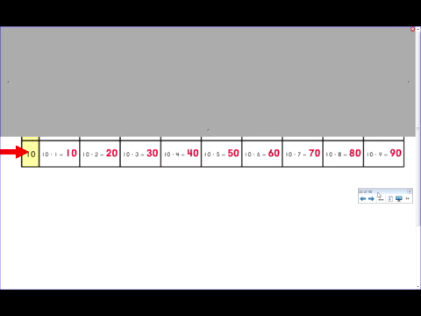Also skip count. 10, 20, 30, 40, 50, 60, 70, 80, 90. And the one that's not up there is 10 times 10. What's 10 times 10?